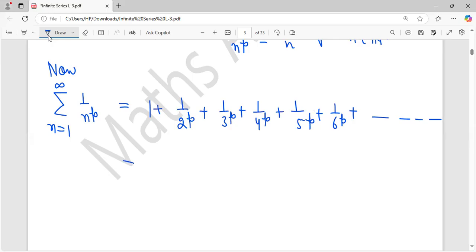So what is this? In place of 1 upon 2 to the power p, I can put 1 upon 2 by this inequality.